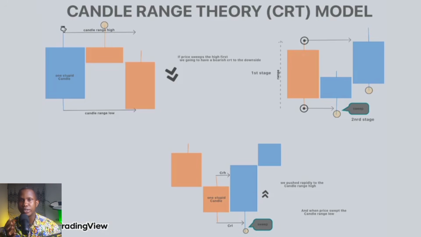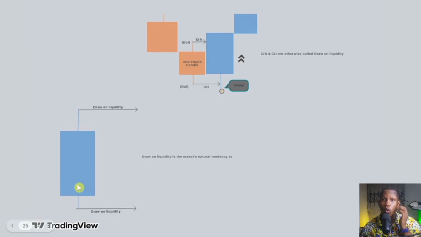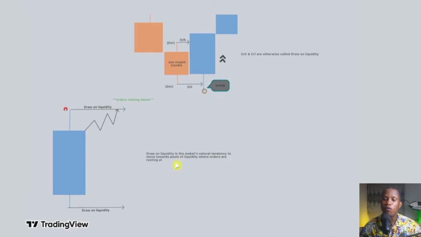I would want you guys to take note that our candle range low and candle range high are otherwise called draw of liquidity, guys. Draw of liquidity is the market's natural tendency to move towards pools of liquidity, which is where orders are resting. So we have liquidity resting above this candle range high, this draw of liquidity, and below this candle range low, draw of liquidity.